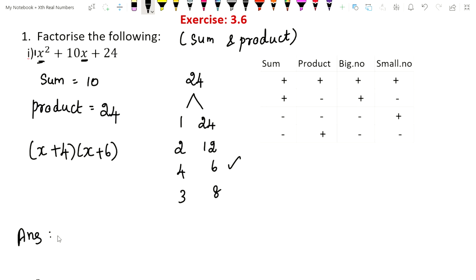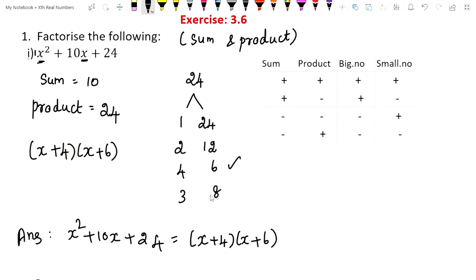So what is the answer? x square plus 10x plus 24 equals, what is the factor? x plus 4 into x plus 6. Okay children, do you understand this? First we need to write sum and product.